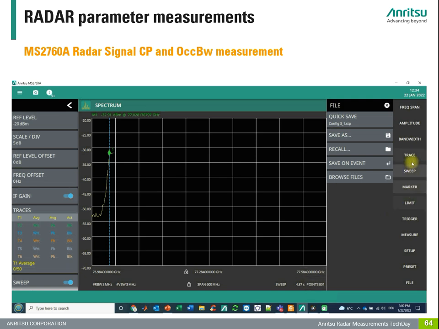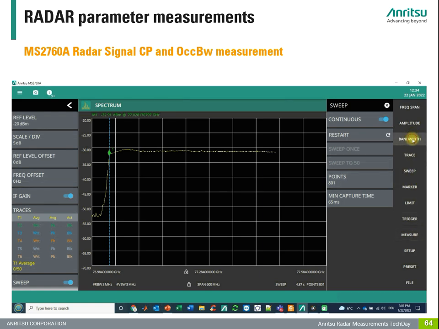You see, we have applied here a sweep time of around 65 milliseconds. Remember that the frame periodicity was 33.3 milliseconds, and this is the minimum sweep time that we need to apply so that the measurements are taken long enough in order to average out essentially all the chirps and the duty cycle of the chirping radar.